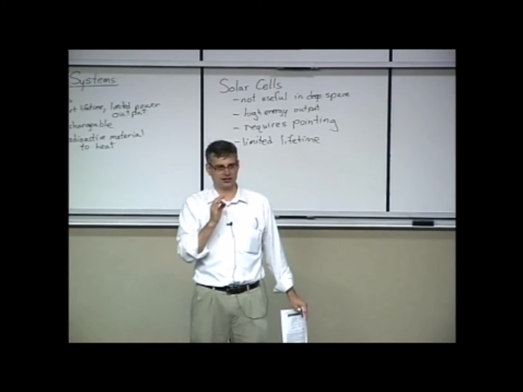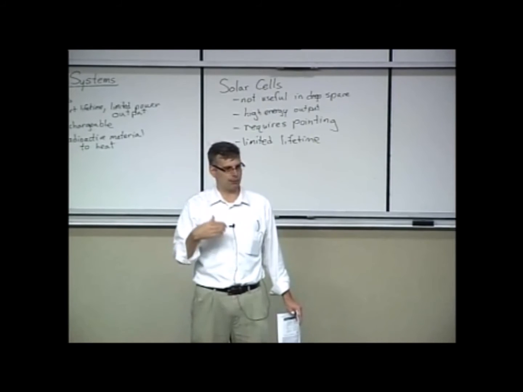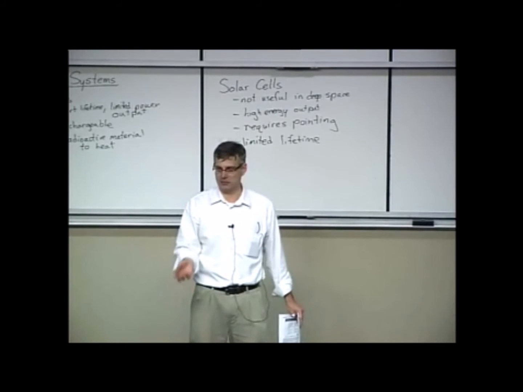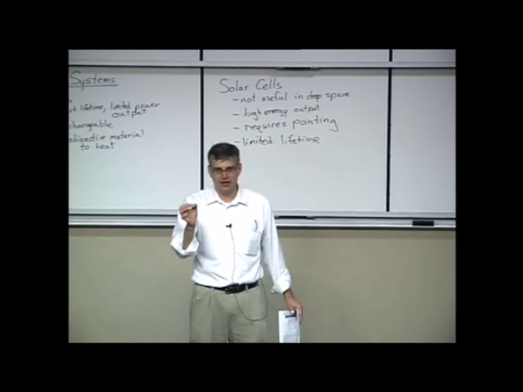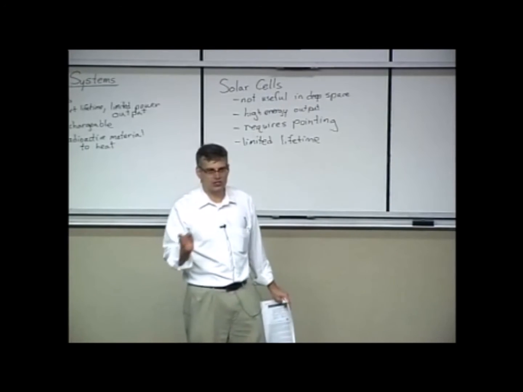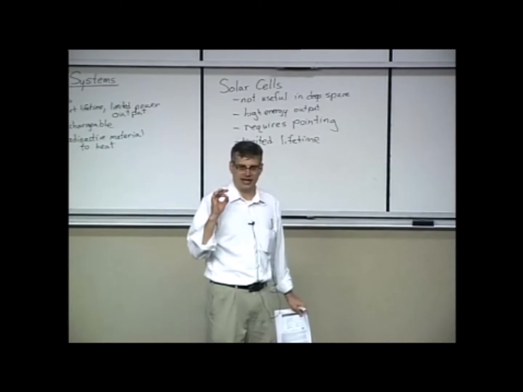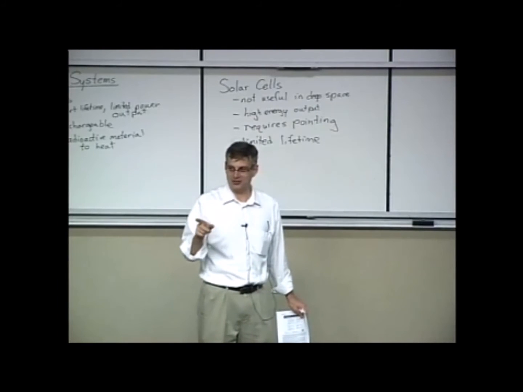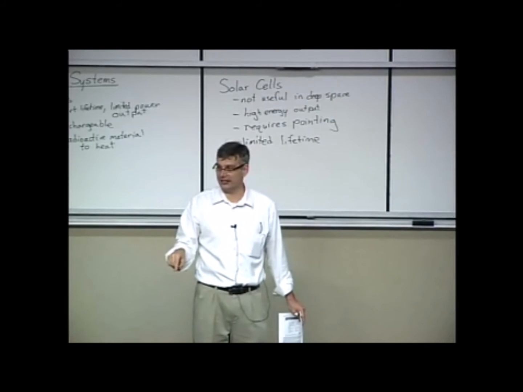This transparent substrate is perpetually being sandblasted in space by tiny little particles. And so, over the course of 10 years, that transparent substrate turns into a translucent substrate and significantly degrades the output power of the solar array.